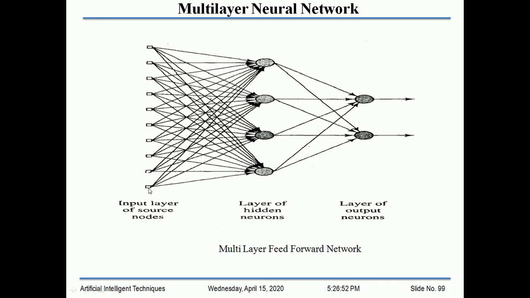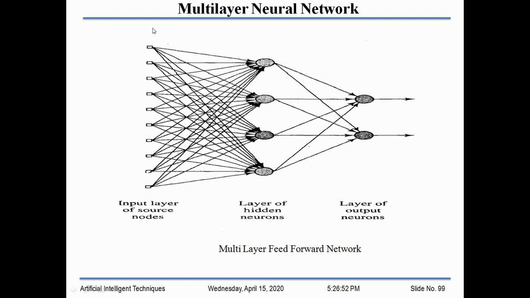Likewise, all the input nodes are connected to each and every neuron of the hidden layer. Likewise, the output of the hidden layer becomes the input to the output layer of neurons. Here you can see that all the output layer neurons are fully connected to the hidden layer of neurons. So this is connected to output layer neuron 1, output layer neuron 2, and so on. So this is basically a fully connected network.